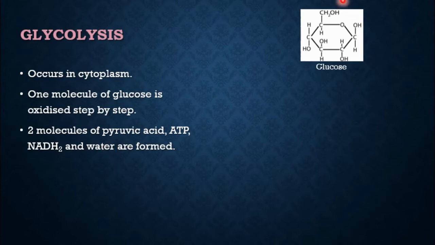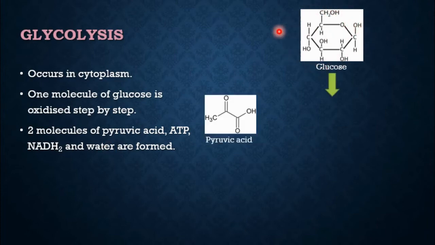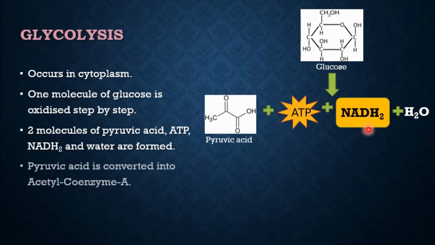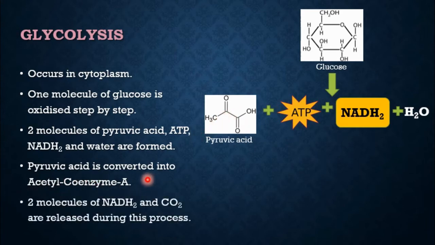If you see, this is the structure of glucose. The glucose will be broken down and finally we get pyruvic acid plus ATP, which is the energy, and then NADH2 and water molecules. The pyruvic acid is converted to a compound called acetyl coenzyme A for further processing.